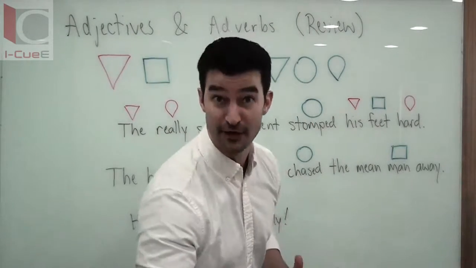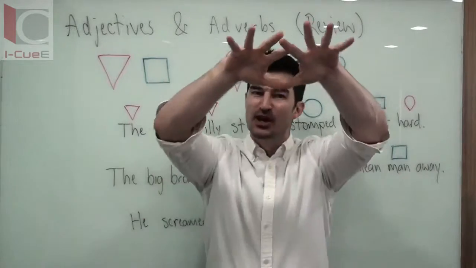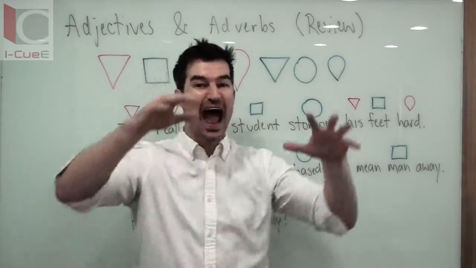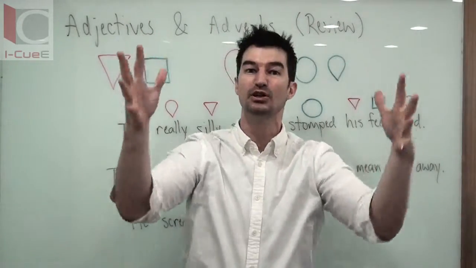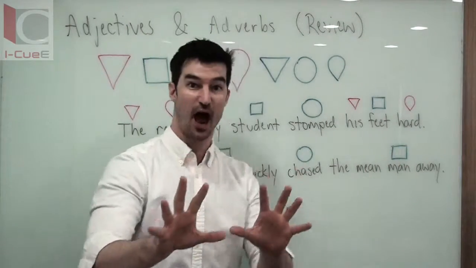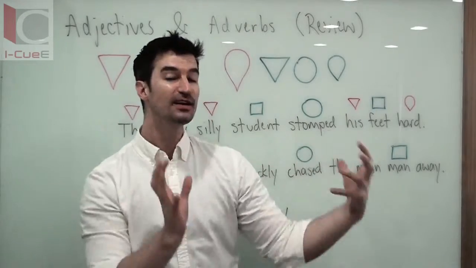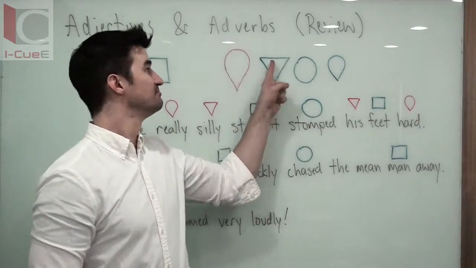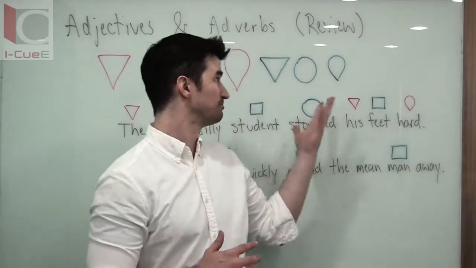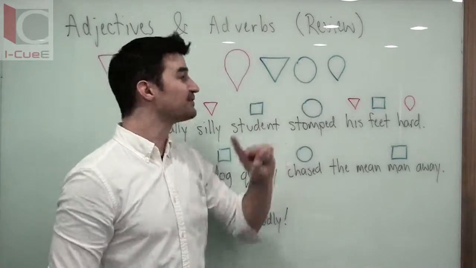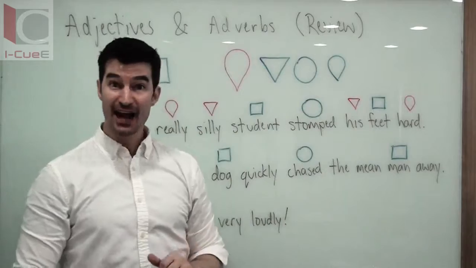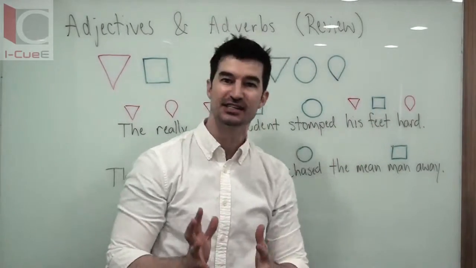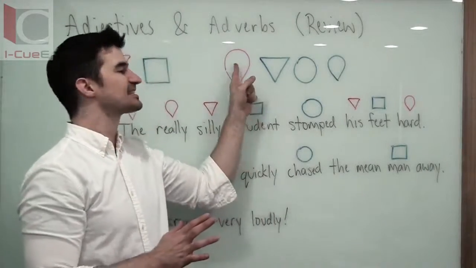Now let's talk about adverbs, right? Adverbs, we kind of give you a little bit of a different picture. Adverbs are like a balloon or an ice cream cone to help you remember all of the things that adverbs do in sentences. Adverbs describe, well, adjectives and verbs and other adverbs. So we incorporated all of those pictures, all of those ideas into this little symbol.